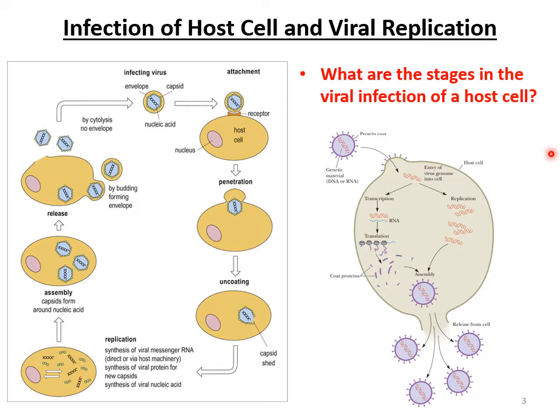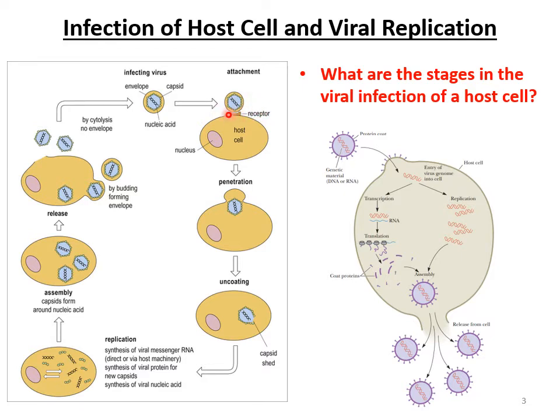Basically, the first thing that a virus is going to have to do is recognize its target, and it will have to attach to that host cell that it wants to infect. It's able to do that through cell surface receptors.